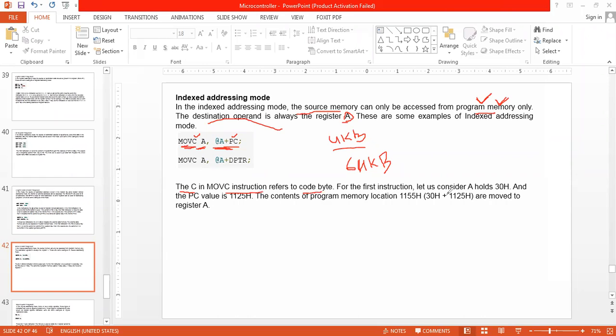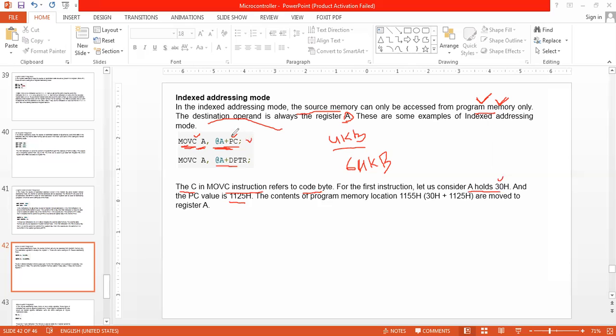For the first instruction in this example, A holds 30H. We have A plus PC here, and A plus DPTR there. Say A is holding 30H and the PC value, that is the program counter register, is 1125H.